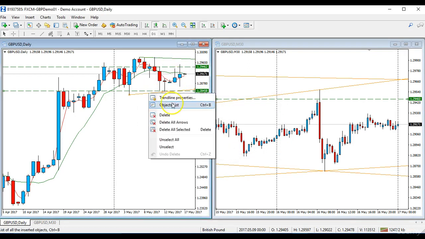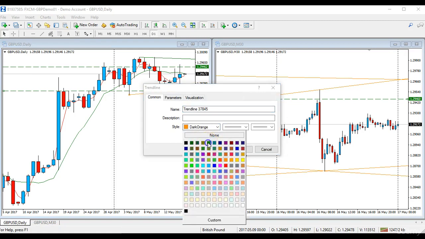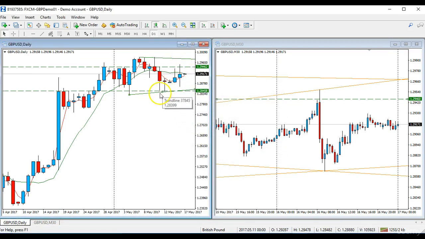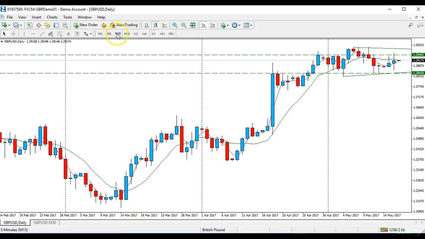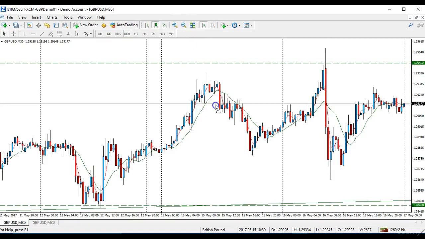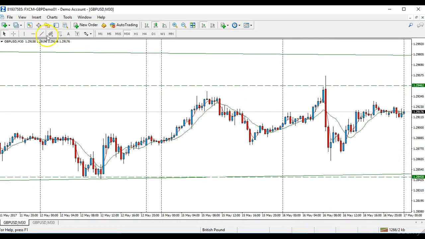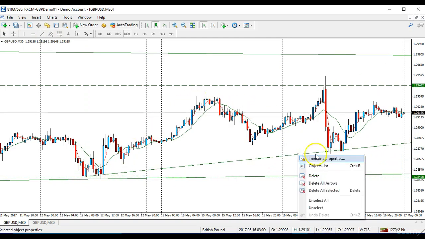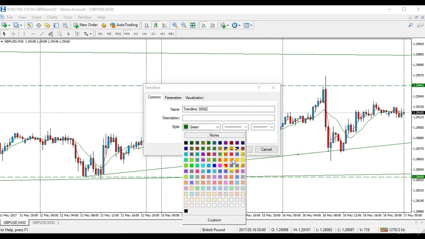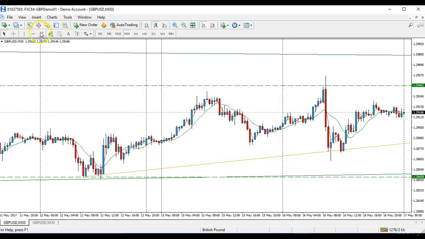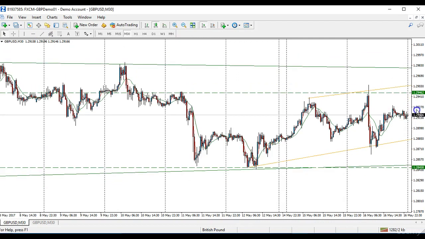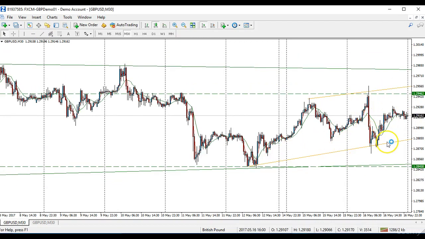So we color those green, and then if I now go down to the 30-minute chart, I can see the daily support and resistance on this chart, and I can now overlay the 30-minute trend lines. So I can now see this 30-minute pattern in the context of a daily pattern.